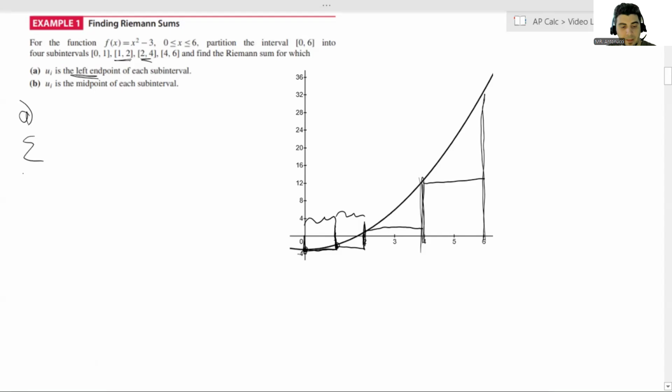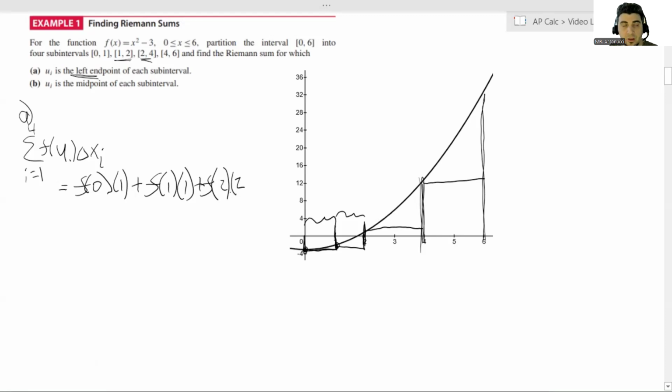So the sum of i equals 1 to 4 of f of ui delta xi is going to be f of 0 times 1 plus f of 1 times 1 plus f of 2 times 2 here, because the third subinterval is 2 units wide. Remember, we said they don't have to necessarily be all the same width.